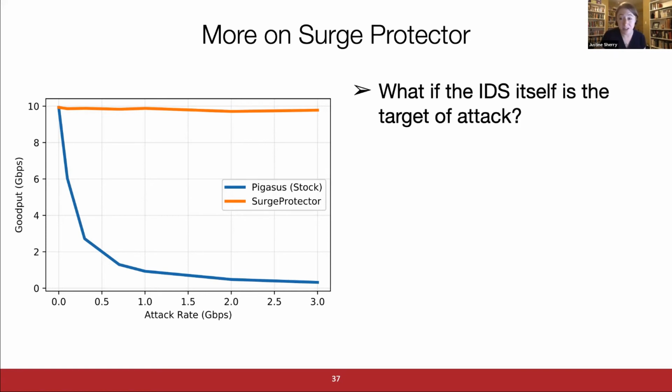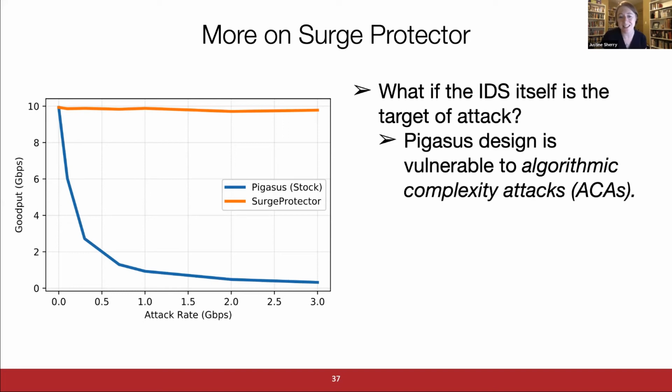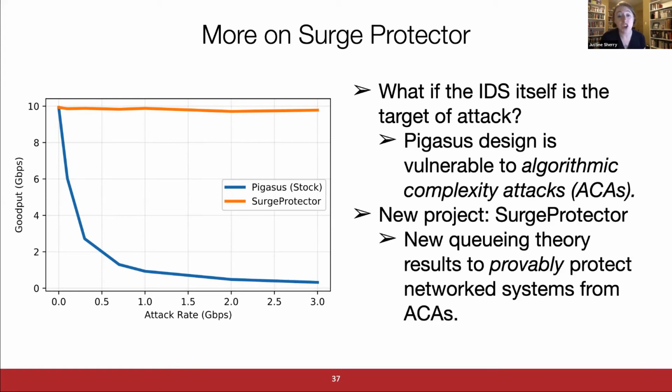I don't have time to talk today about how it works, but all I can tell you is that the design does make Pigasus less vulnerable to algorithmic complexity attacks. It uses queuing theory to provably protect network systems. So not only is this code that's integrated into Pigasus, there's also pages of proofs that theoretically show that this is basically impervious to attacks.